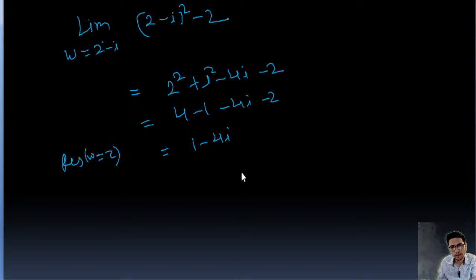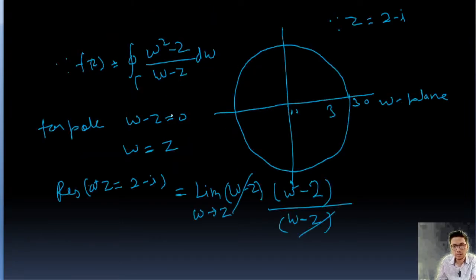Now we can also see here, w equal to z means z value is 2 minus I, and this is the contour. This is the w plane, this is the real axis, this is the imaginary axis, right? 2 minus I means this point will be somewhere here: in the x-axis 2 and in the y-axis minus 1.